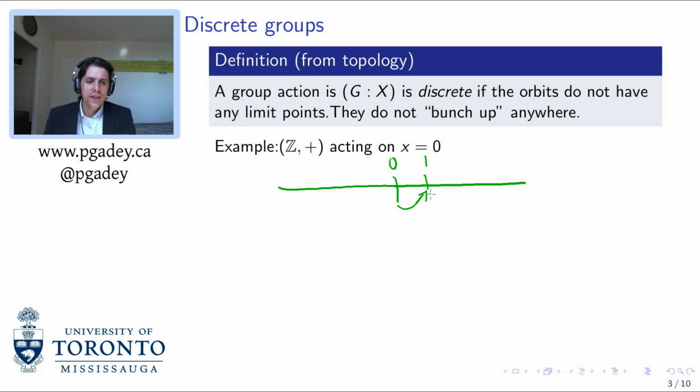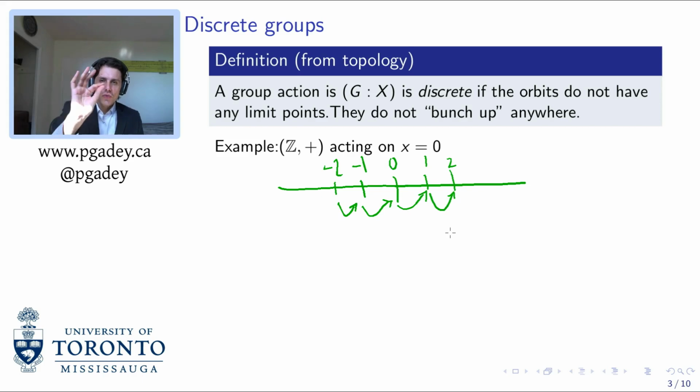So 0 goes to 1, 1 goes to 2, right? And we can also go the other way. -1 goes to 0, -2 goes to -1. Right, so here we get discrete points that are all well separated.